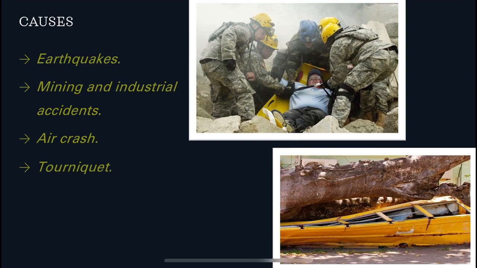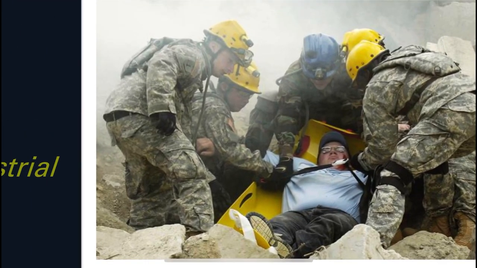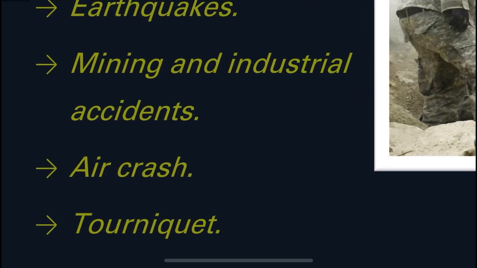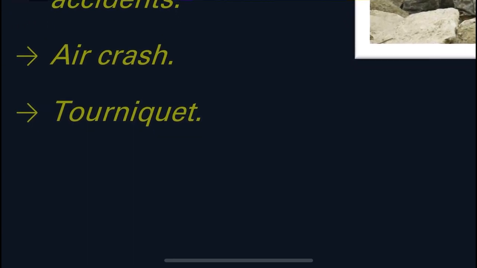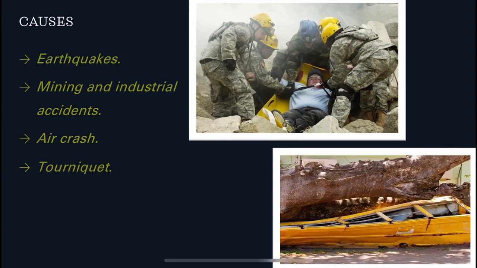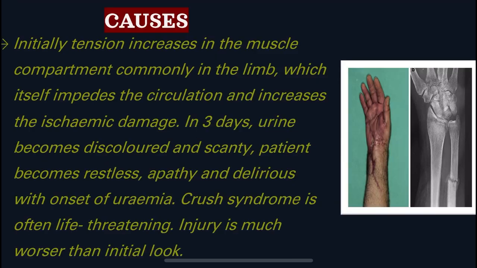What are the causes? We have earthquake, mining and industrial accidents resulting in crush injury. You can see the person here being crushed in the mining and industrial accidents, air crash accidents, or the tourniquet which is being tied. The other causes, initially what happens, the tension will be increased in the muscle compartment.